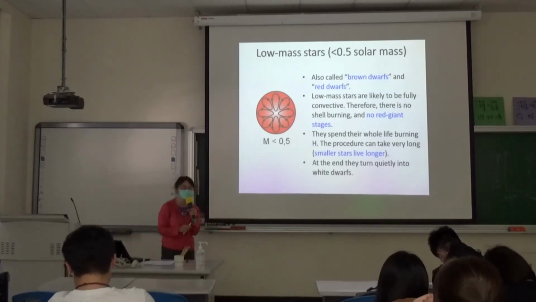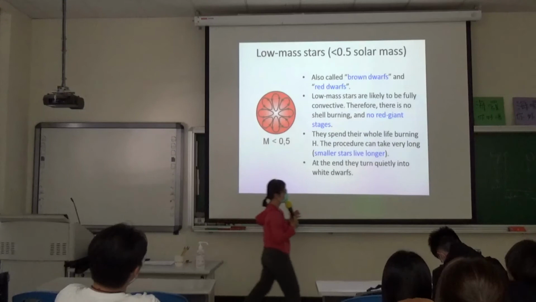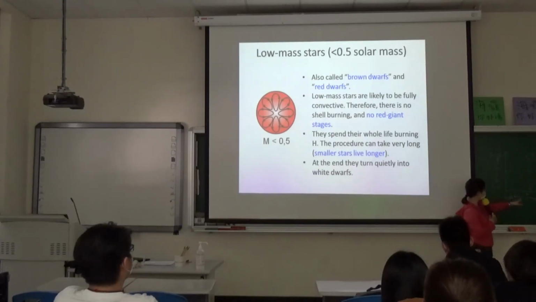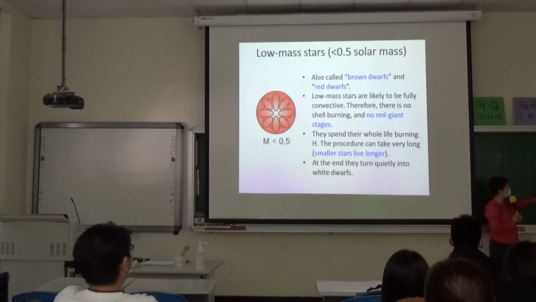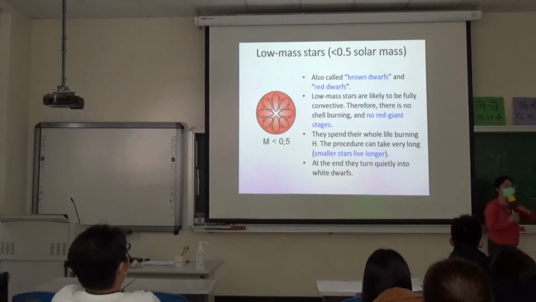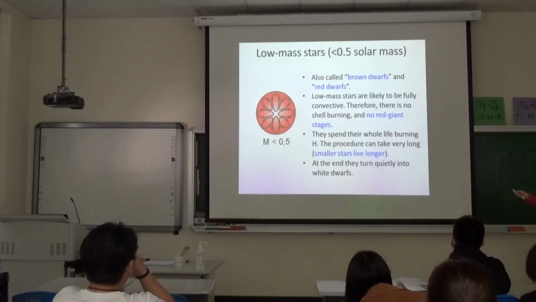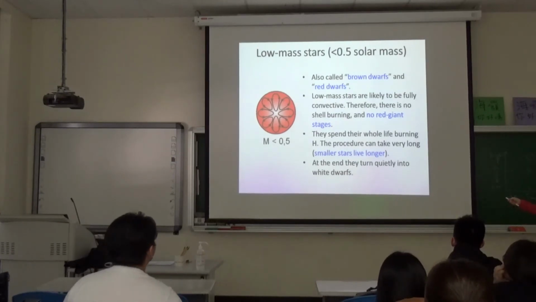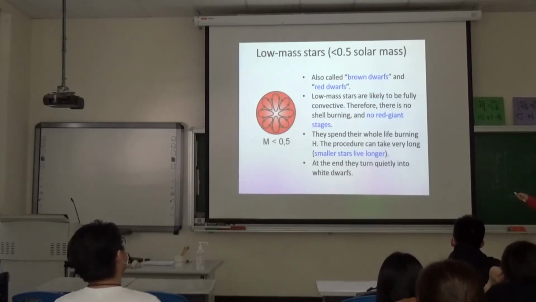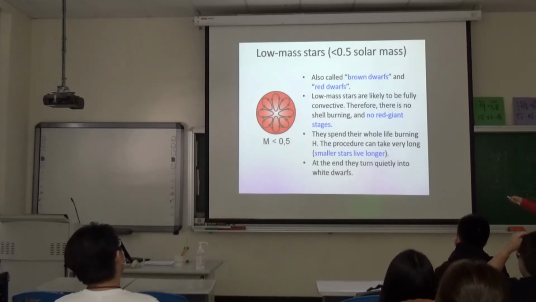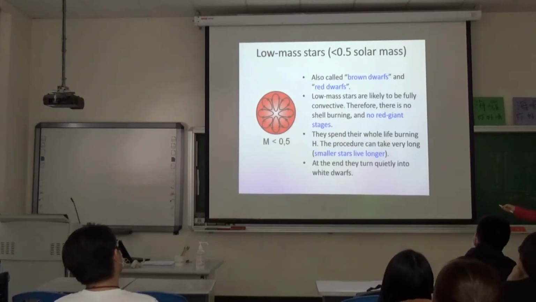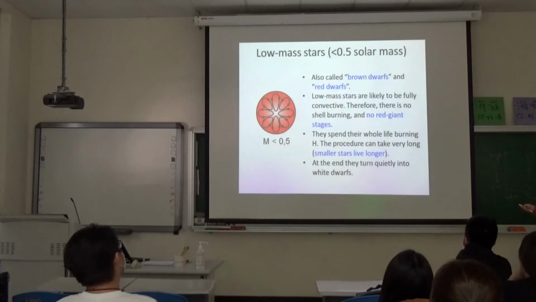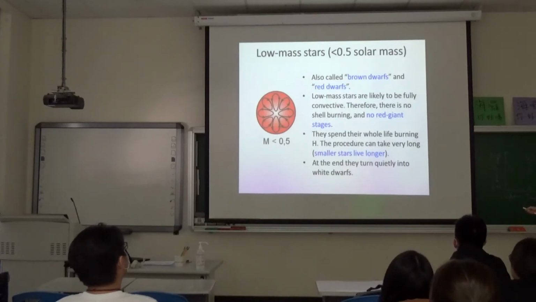Very small stars, based on the HR diagram, are here, and it's red here, so they are also called brown dwarfs or red dwarfs. Low mass stars are likely to be fully convective. Therefore, there's no shell burning. I will tell you what shell burning is later. And there's no red giant stage.